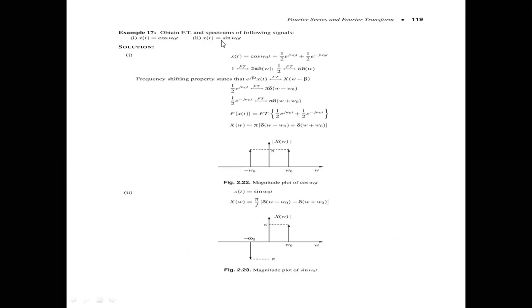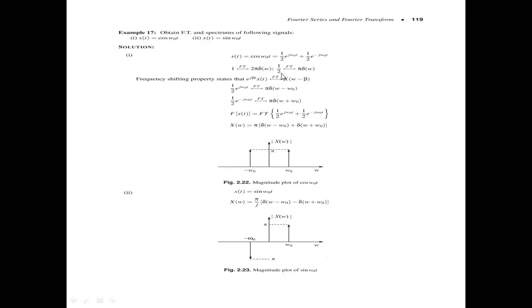See here, x of t is equal to sine omega t. What is the sine omega t saying here? X of t as cos omega t is 1 by 2 e power j omega t plus 1 by 2 e power minus j omega t. And the Fourier transformation of 1 is 2 pi delta omega.